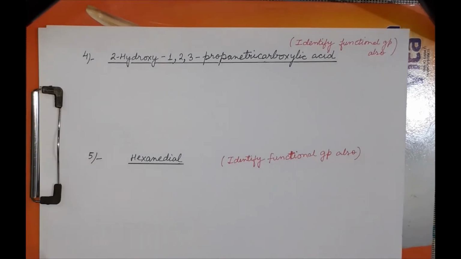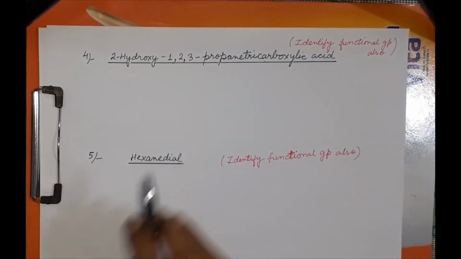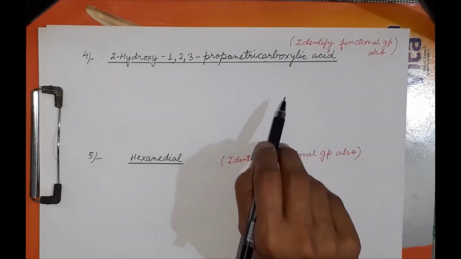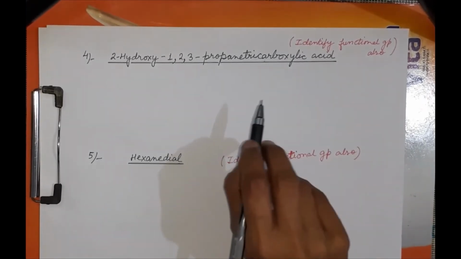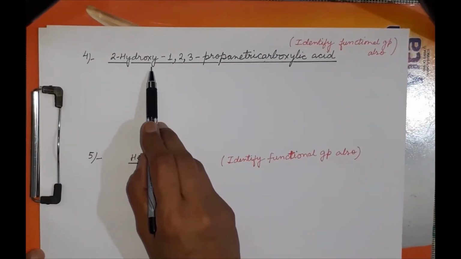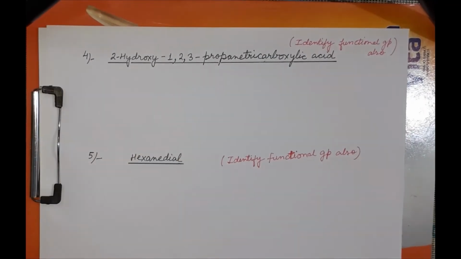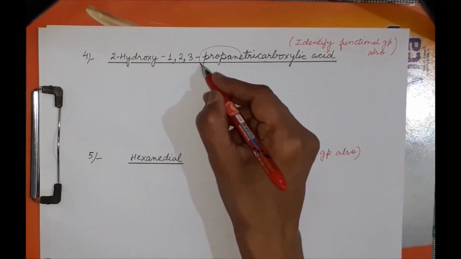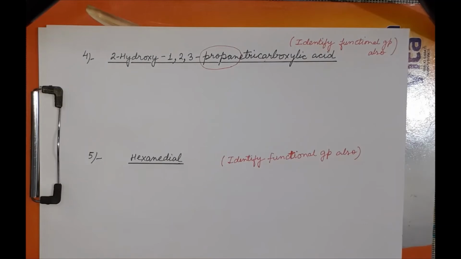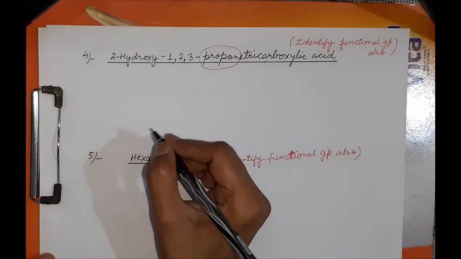So now moving on to the next compound, we can see this is a very long name of an organic compound, but we will write the formula for this. So 2-hydroxy, this is the substituent, and propane, this is the parent chain. It means the parent chain has 3 carbon atoms.